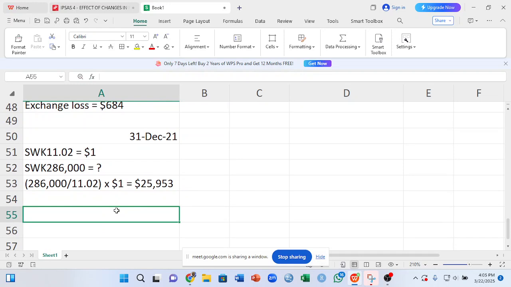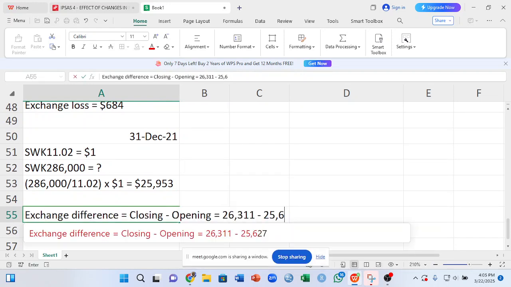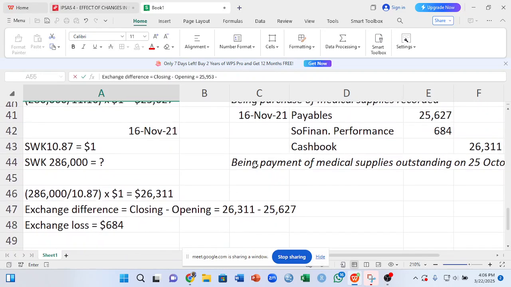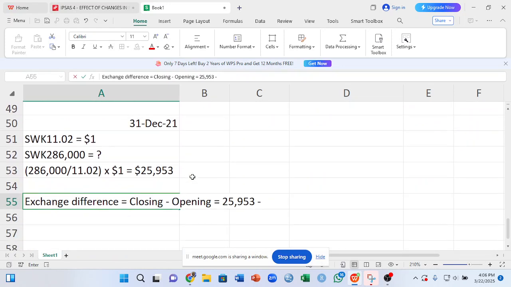When we're done here, we have to find the exchange difference, which will be the closing minus the opening. The closing is 25,953, the opening was 25,627.